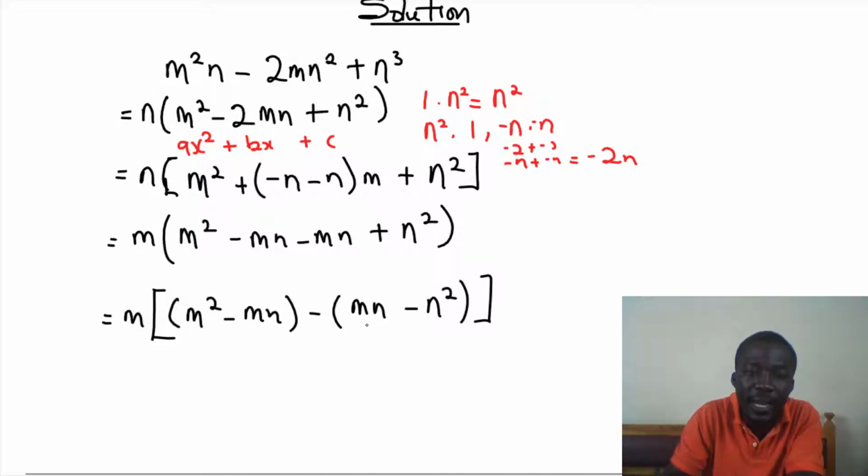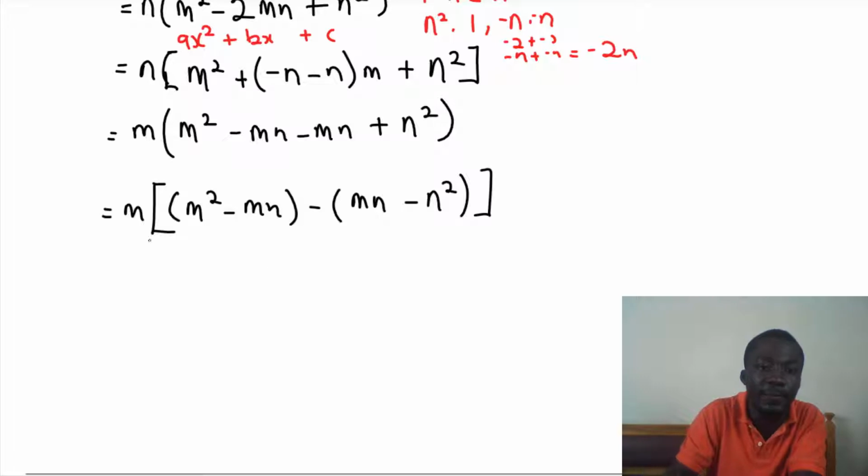Negative times mn, we are going to get negative mn. Then negative times negative n squared is going to give us positive n squared. So it means we are on the right path. Then we can continue by factorizing what we have inside the bracket.